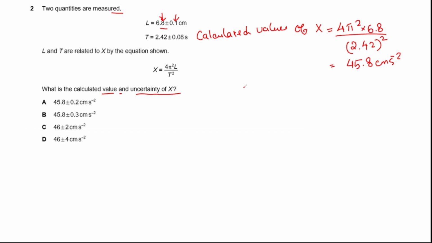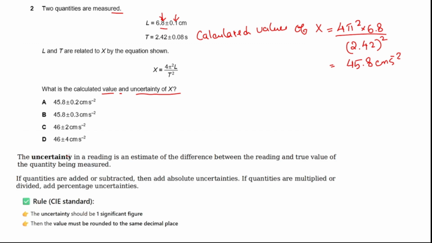To find the uncertainty, you can use this formula. The uncertainty in a reading is an estimate of the difference between the reading and the true value of the quantity being measured. So 0.1 and 0.08 are the differences between the actual reading and the true value.